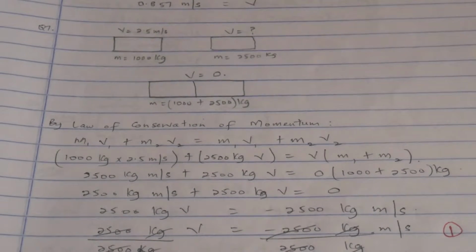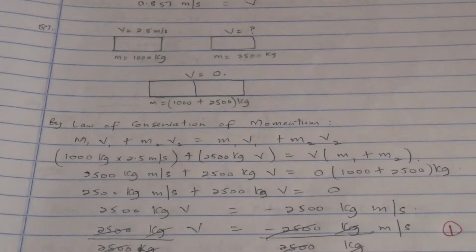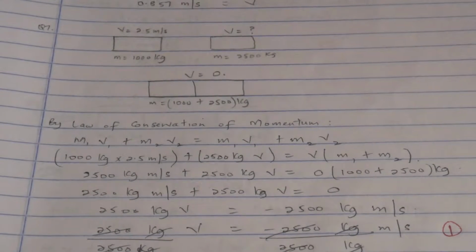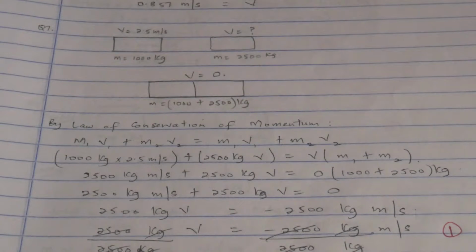Alright, question 7 says, a 1000 kg car is rolling down the street at 2.5 meters per second. How fast would a 500 kg car have to go in order to collide, to bring the system to rest after it collides? Alright, so that's the working there.